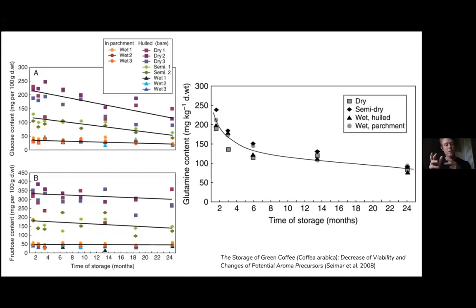What's going on here within glutamine is no matter what the processing method was, whether it was natural, honey, or washed, over the course of about 6 months, you're seeing that glutamine content drop from about 200 to 240 milligrams per kilo dry weight down to about 150 or so. And so you're seeing a reduction of nearly 30% of this precursor to aromas in just 6 months.